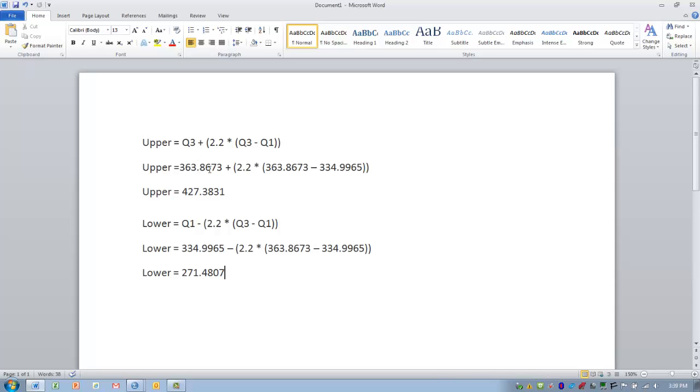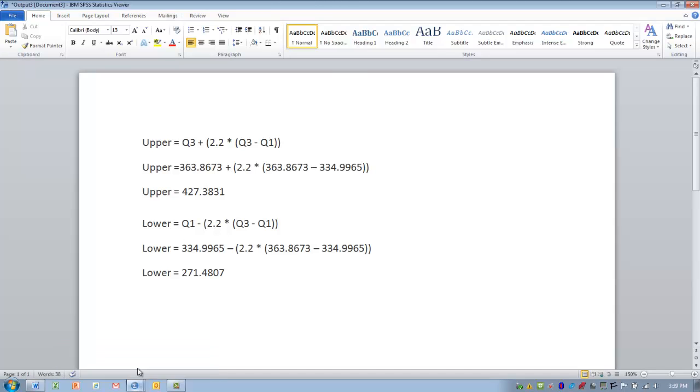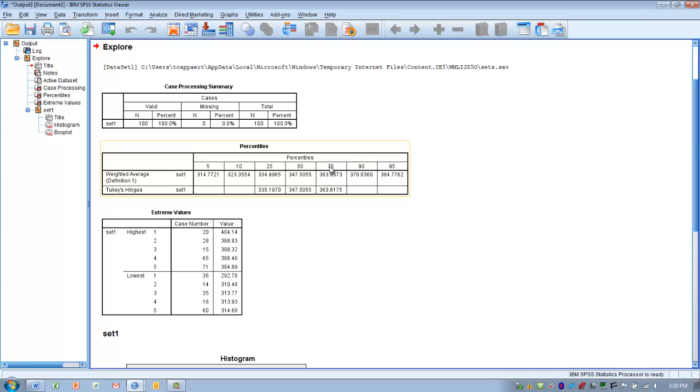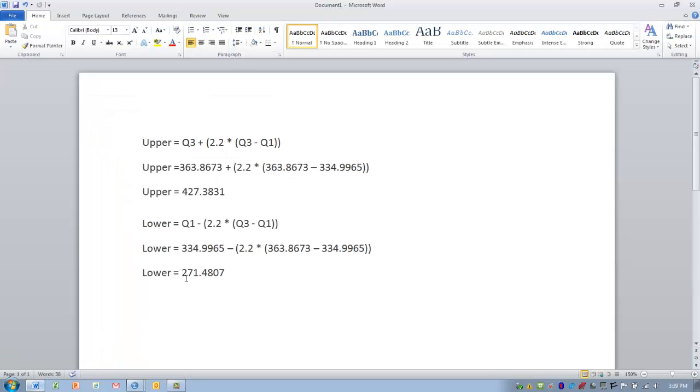And so we would then take the values that we got from our previous output. The 75th percentile, we'll go back really quickly so you can see that. The 75th percentile raw score was 363.8673. And the 25th percentile raw score was 334.9965. So we're basically going to take those values and plug them into our formula.